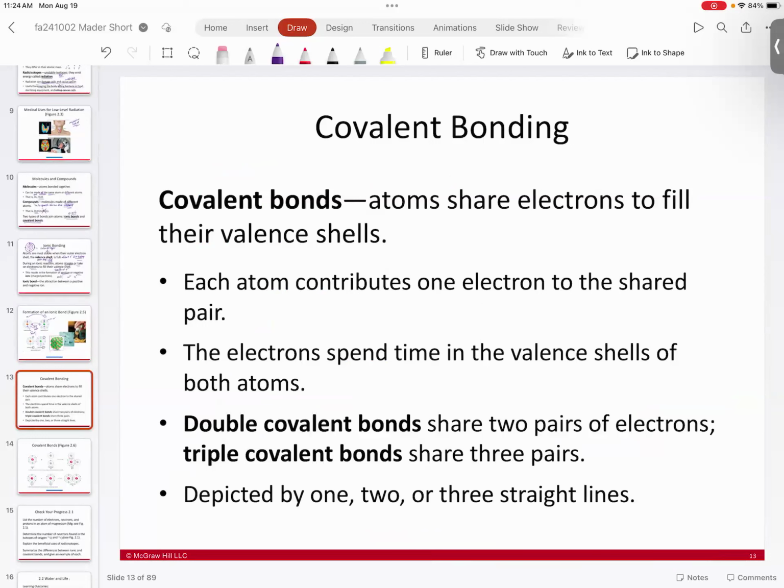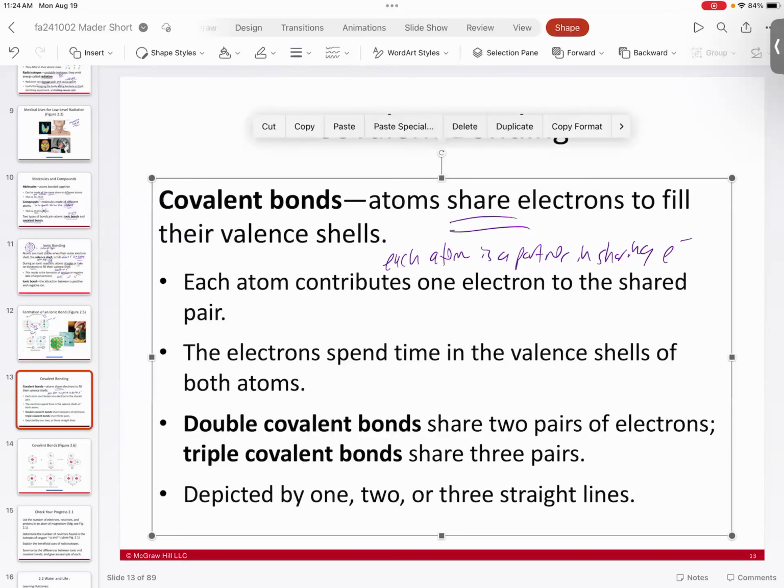Now, covalent bonding is essentially when you have to share electrons to fill their shells. Ultimately, each atom is a partner in this shared arrangement. You can either share them equally or share them unequally.